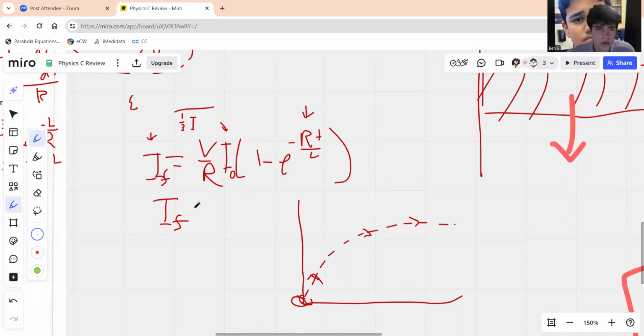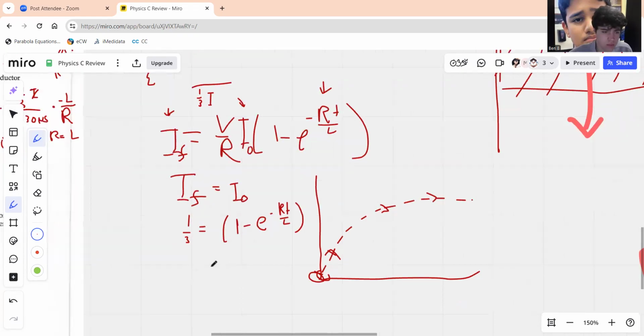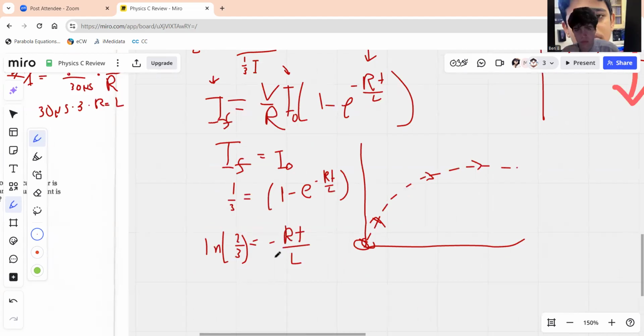Okay, so I equals I naught, so 1/3 equals 1 minus e to the negative RT over L. When you solve, you don't want to solve all that, but 2/3 equals ln of that equals negative RT over L. Wait, where do you get 2/3 from?